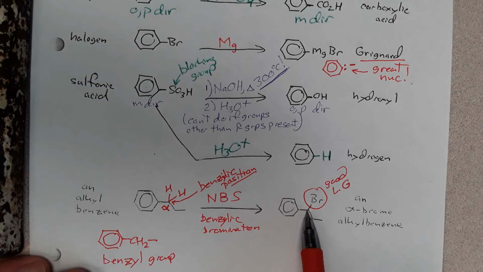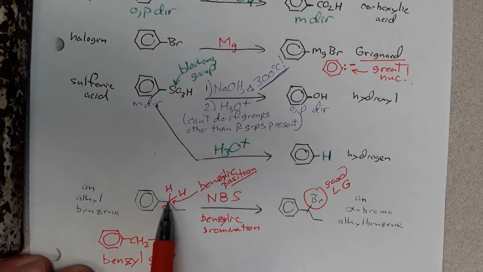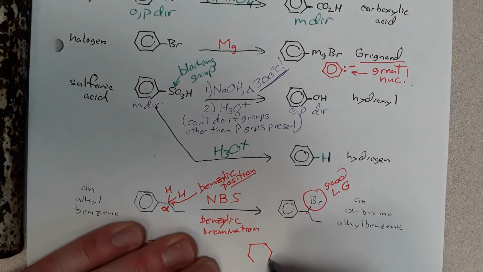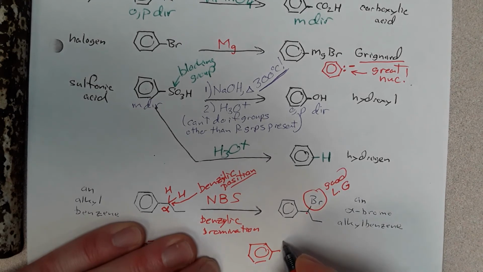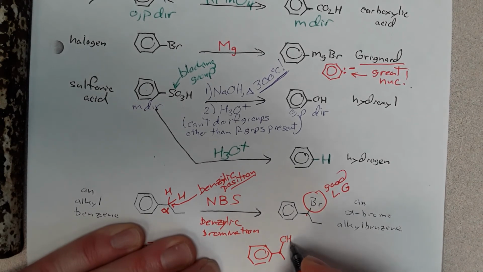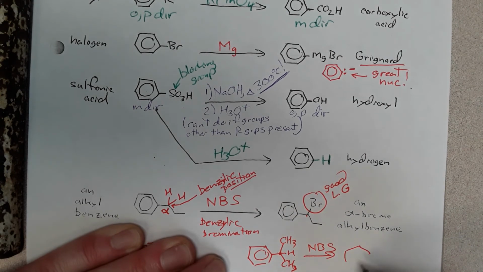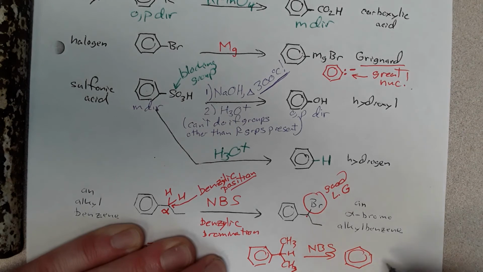But the point here is that you need to have a hydrogen on that carbon in order for it to react. And so if you had an isopropyl group there, you have a hydrogen, and you add NBS, and you can do this reaction.